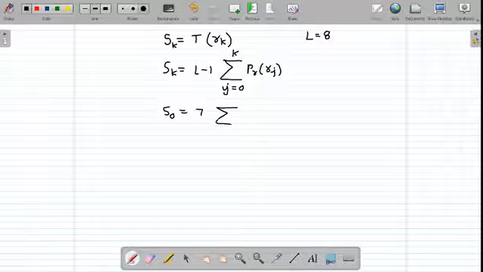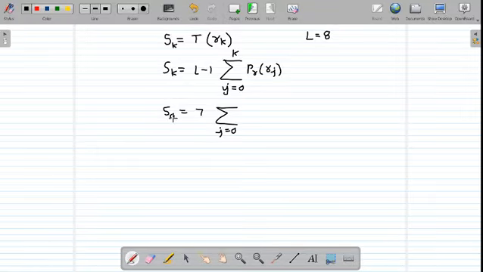Summation j equals 0 to k, where the value of k is 0, of PR of Rj. So that is nothing but 7 into PR of R0.